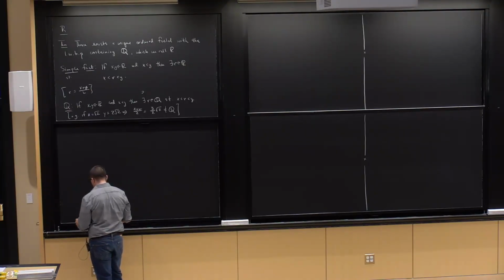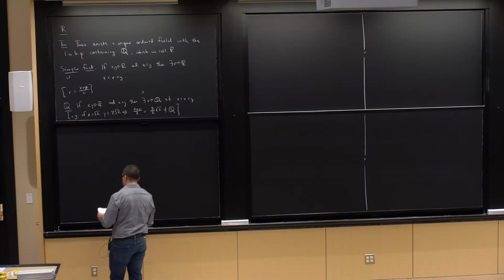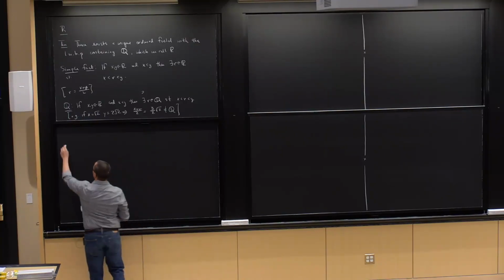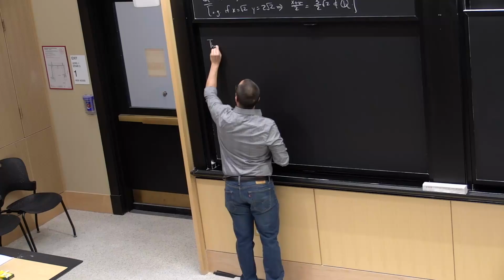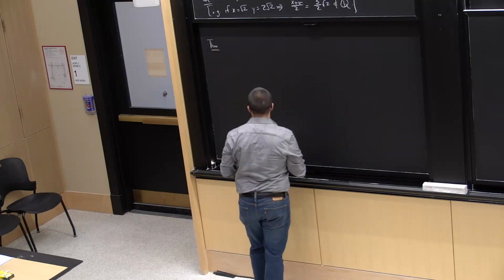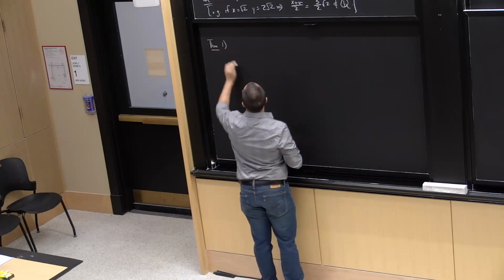And it'll be a consequence of a second property we'll prove, which is called the Archimedean property. So the theorem has two parts.